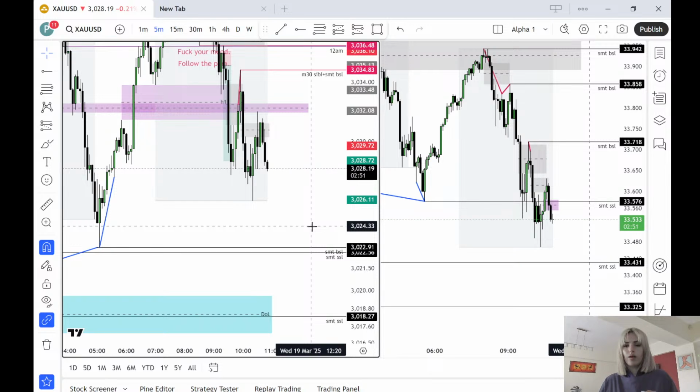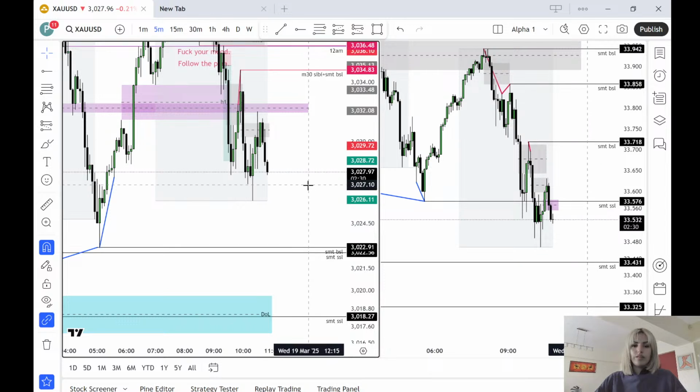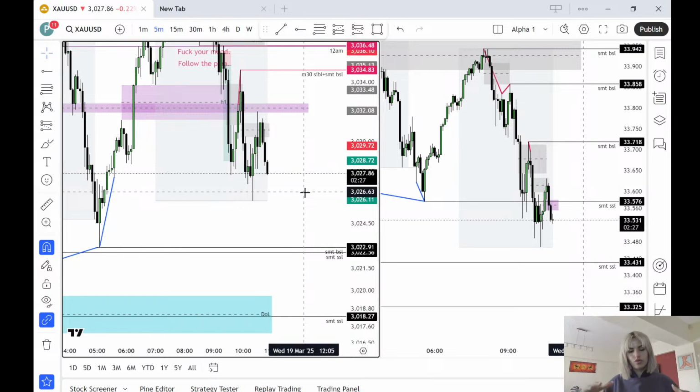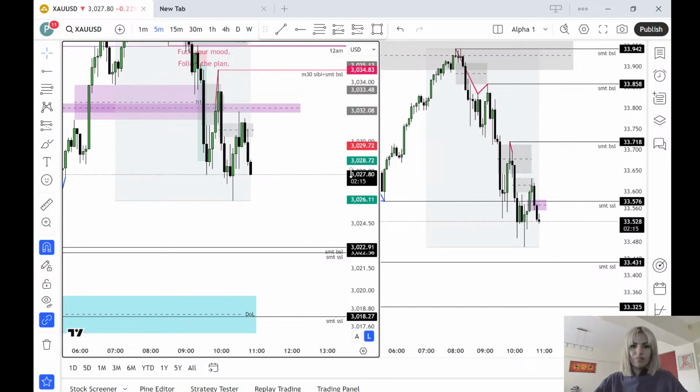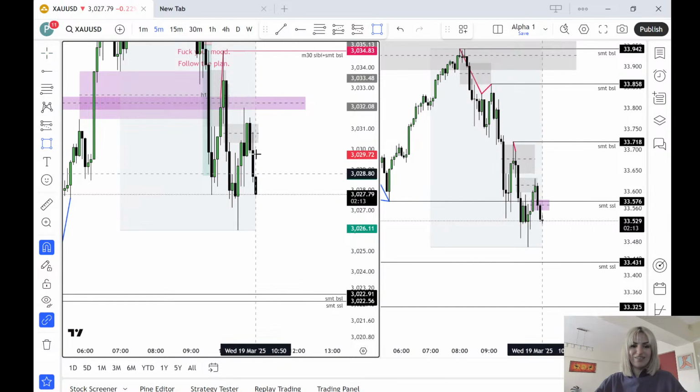So I'm trying to leave the first part of my day, which includes the London session, for the activities that I need to do for myself. Like I need to go to the gym. I need to play with my cats. I need to do different chores around the house, run errands, and then I just calm down and I try to find my balance so that I become mentally available to trade the New York session.